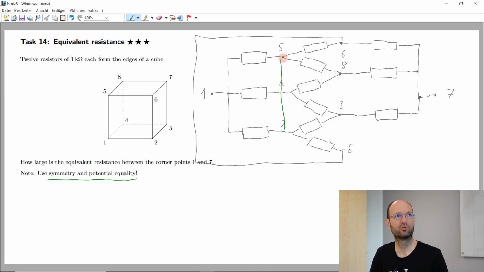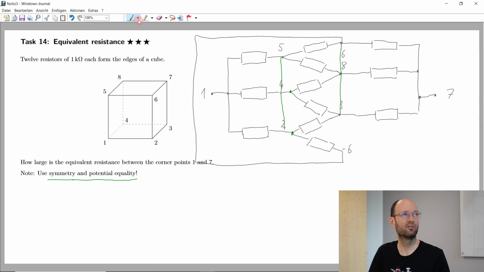So this should be the same, this should be the same, this should be the same. And in the same way I can also connect these 3 points with each other. I mean, this is already connected via here, because there should be no difference between these 2 points or these 3 points.